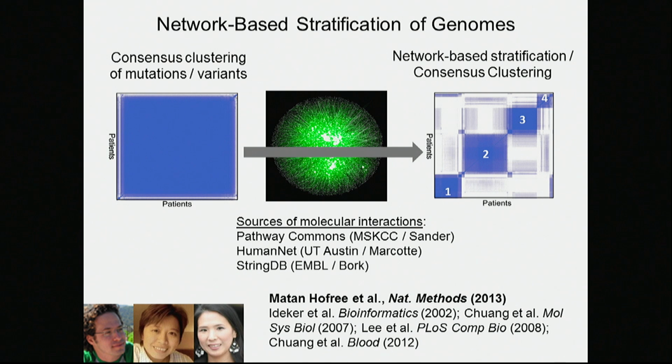So here's what Matan did. He said, well, under the hypothesis that it's not the gene level that's causing these patients to look similar or not, it's the pathway level that we want to analyze. So what I want to do is transform those gene measurements by pathway knowledge into something that I can cluster.